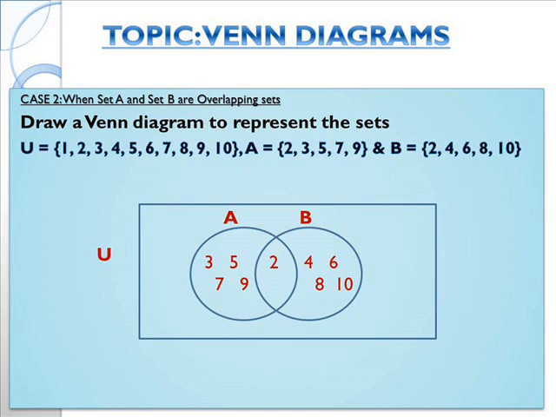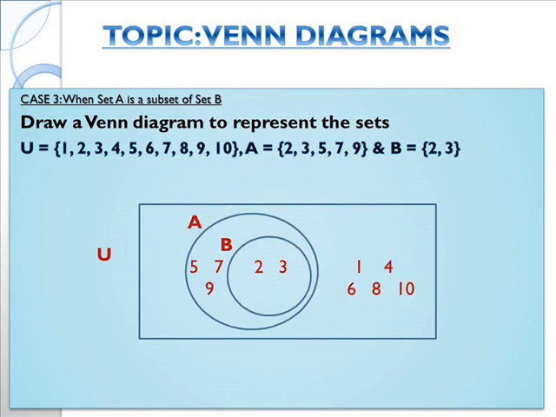The remaining elements of set A are 3, 5, 7 and 9, and those of B are 4, 6, 8 and 10. And that is how we draw overlapping sets within the universal set.